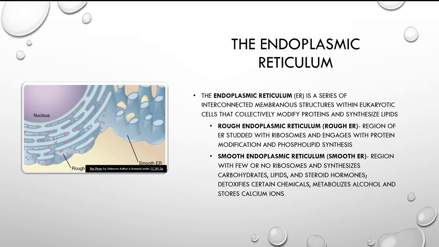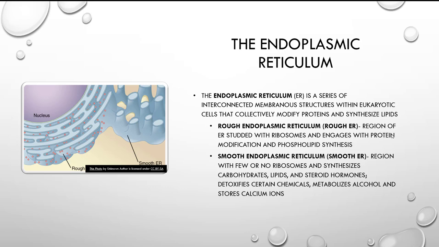If you remember, ribosomes are little protein factories. They're going to be making and manufacturing proteins. So if they're attached to the rough ER, they're going to be getting instructions from the nucleus, and they're going to be making and manufacturing proteins. Okay, so that's part of the job of the endoplasmic reticulum.